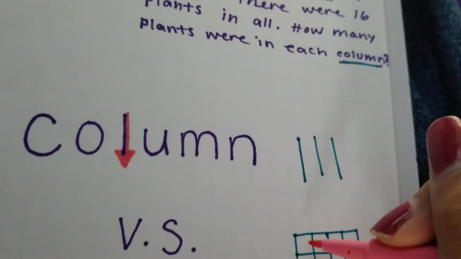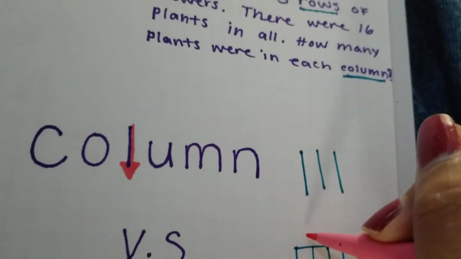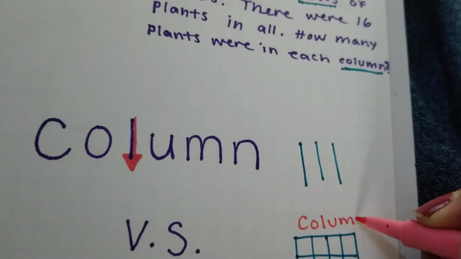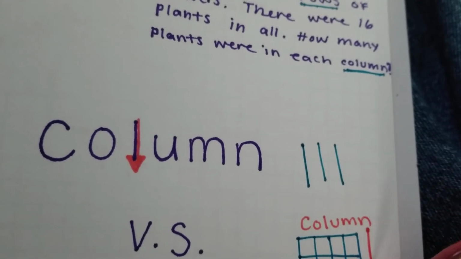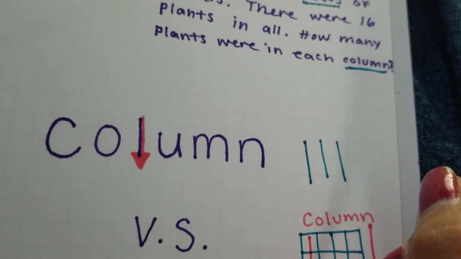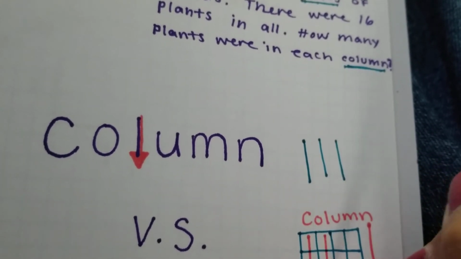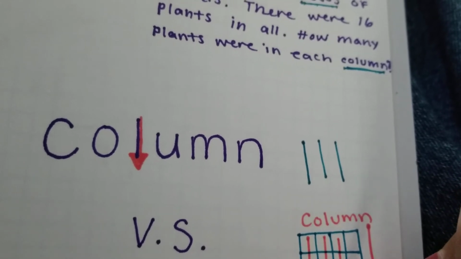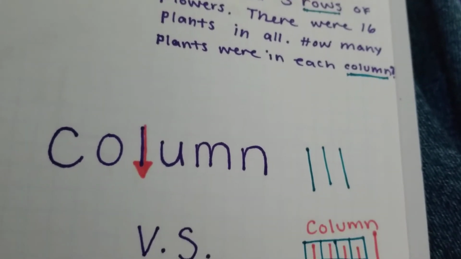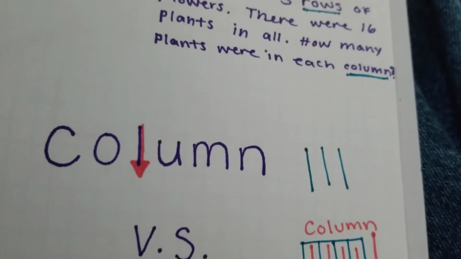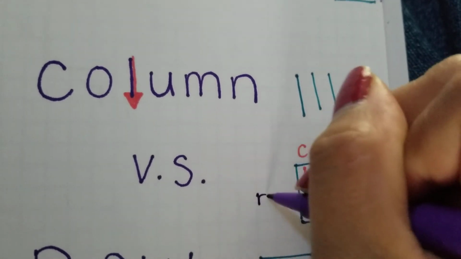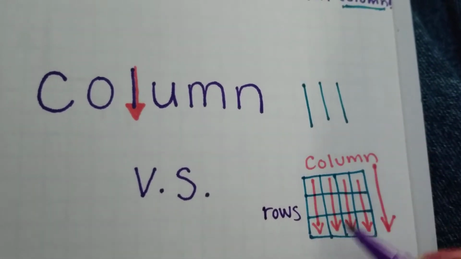The columns go down. So column, they are these ones that go straight down. And then your rows go sideways.